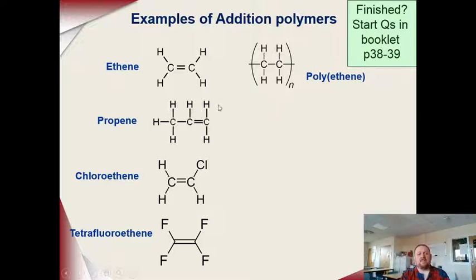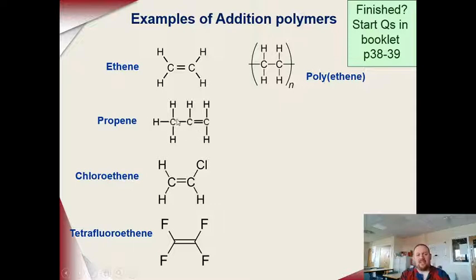If you look here, we've got a propene molecule, and we've got a bit of a problem because the carbon-carbon single bond is going where our bond needs to be to get outside the repeat unit.